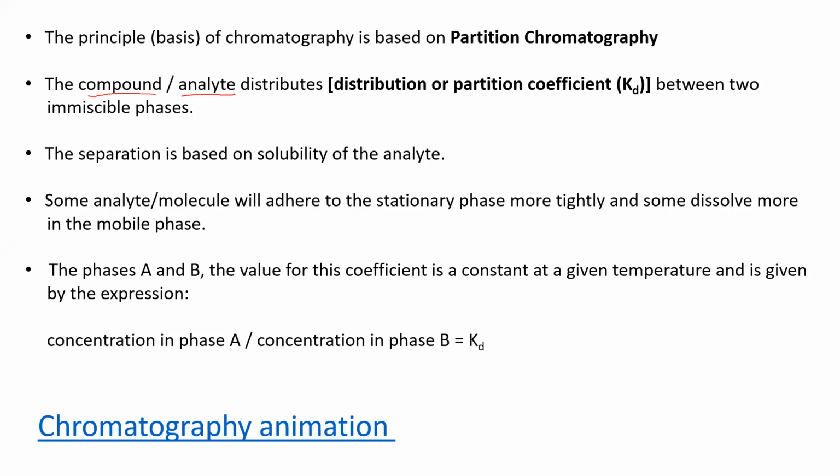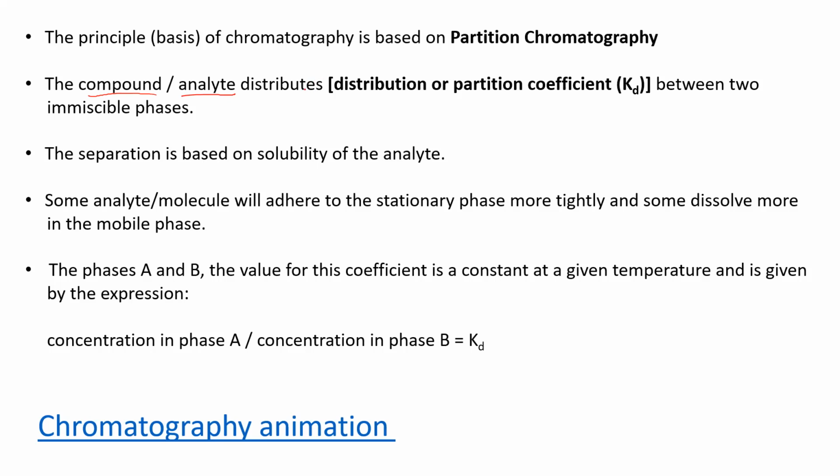Either it will have more affinity towards the stationary phase, or more affinity towards the mobile phase. So there is a partition, a distribution of the solubility of your analyte, and we are using that property to separate them.